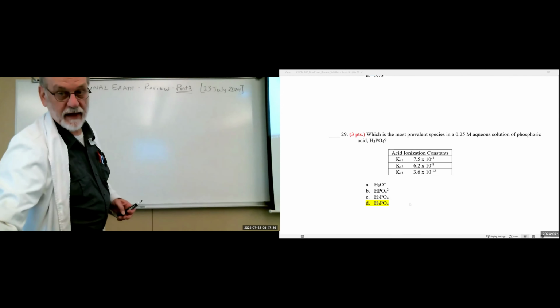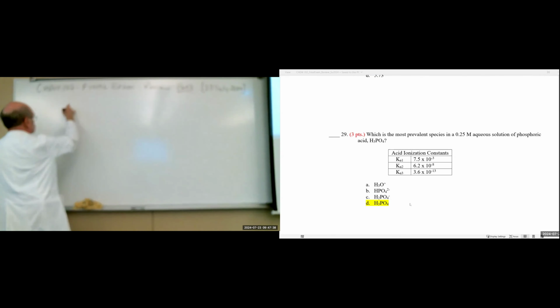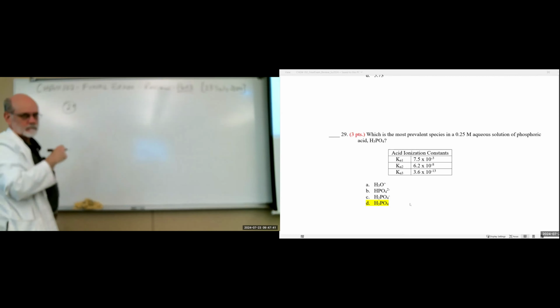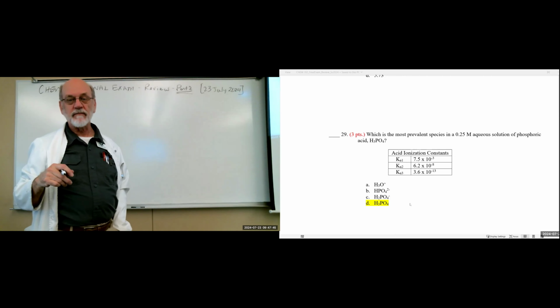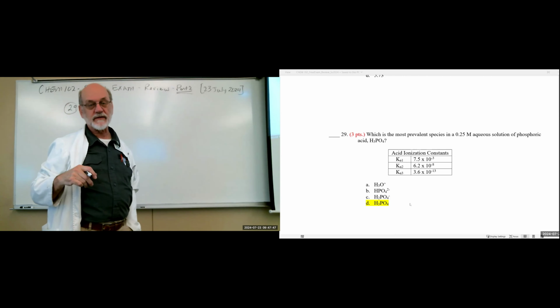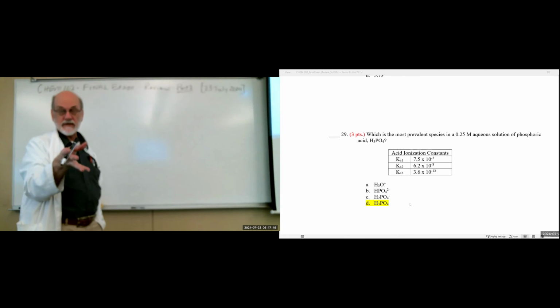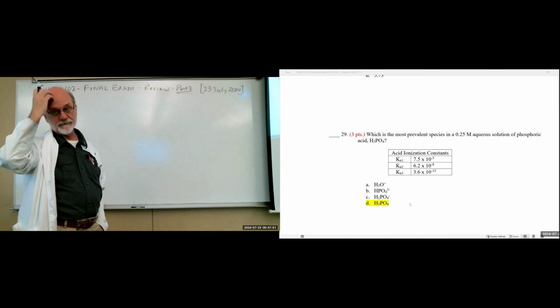Number 29. Which is the most prevalent species in a 0.25 molar aqueous solution of phosphoric acid? You're given the ionization constants for each one.